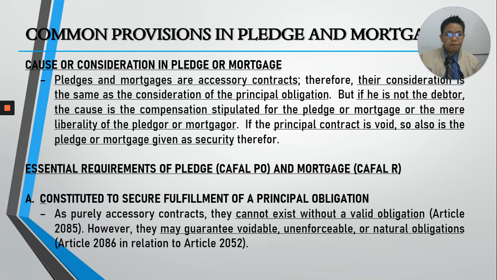They must depend on a principal contract, which in our case here, in a contract of pledge and a mortgage, is a contract of loan. Doon nakadepende ang pledge or mortgage. Kung walang contract of loan, hindi mag-exist yung pledge and mortgage independently. Siyempre, saan ka ba naman nakakita na nagsangla ka ng property mo tapos wala ka namang inutang?